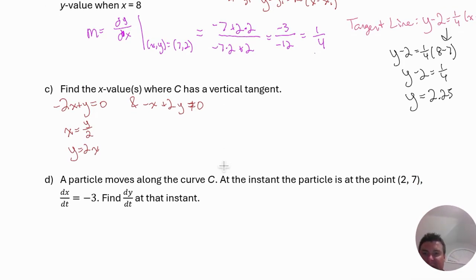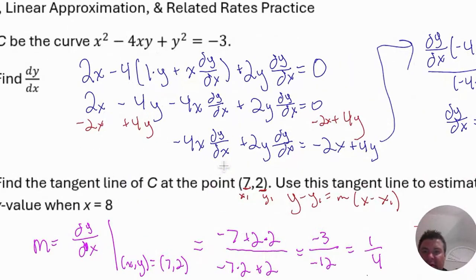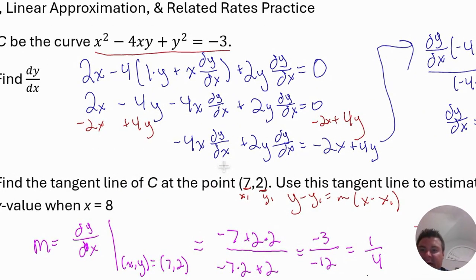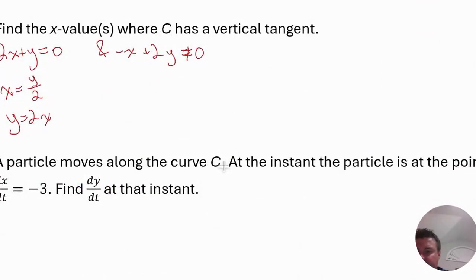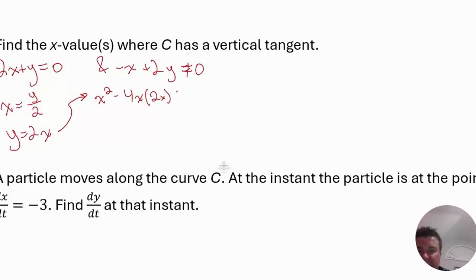So when I plug this back into this implicit equation right here, I'm going to get x squared minus 4x times 2x, plus y squared, which is 2x all squared, equals negative 3.